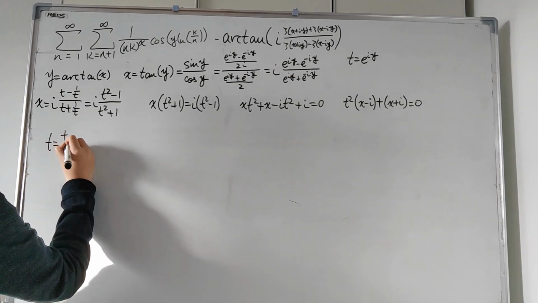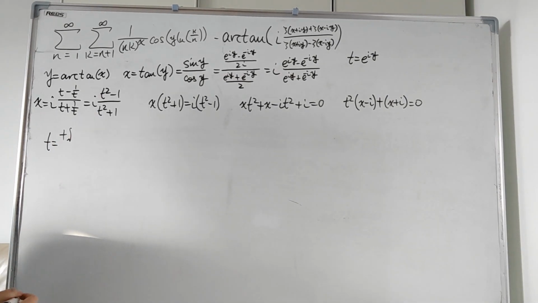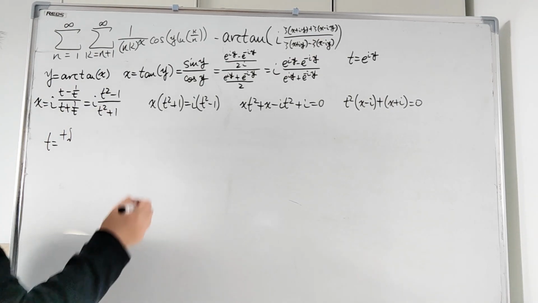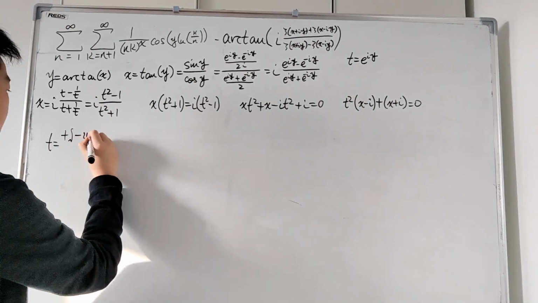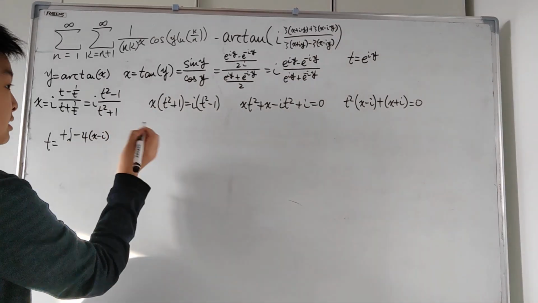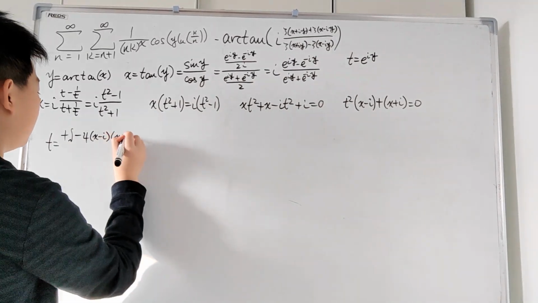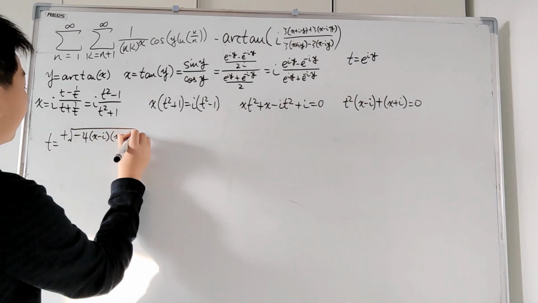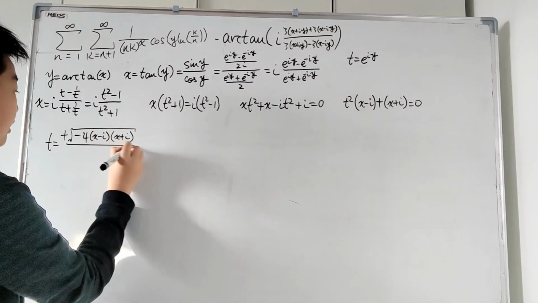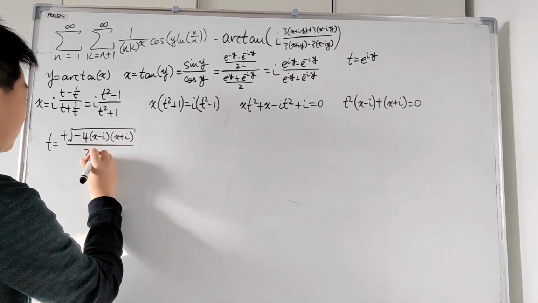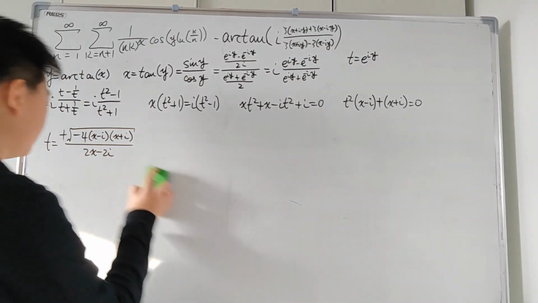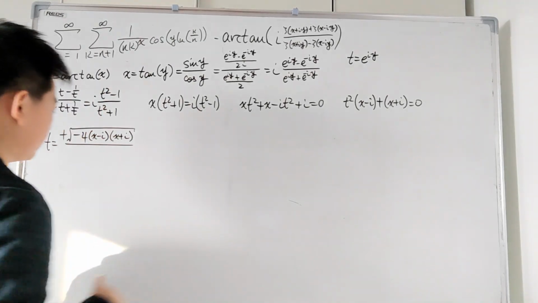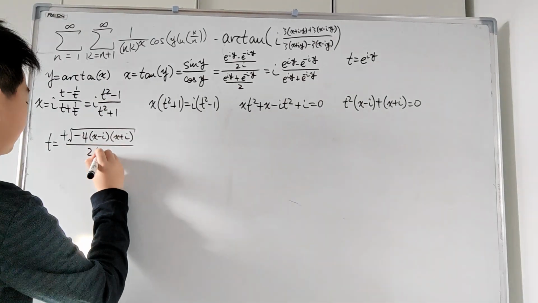Then we have b squared, which is nothing but 0, and then minus 4 times a, which is x minus i, times c, which is x plus i. We have a difference of squares thing going on, but I'll deal with that later. And then over 2a, which is 2 times x minus i.